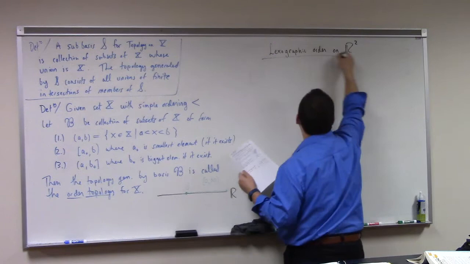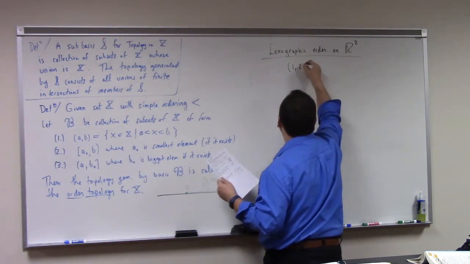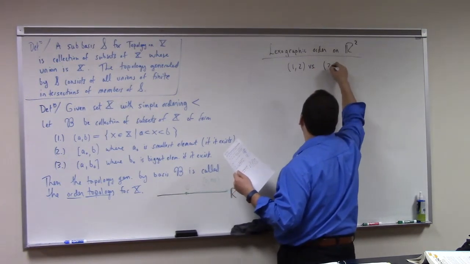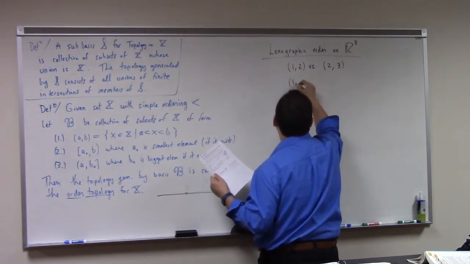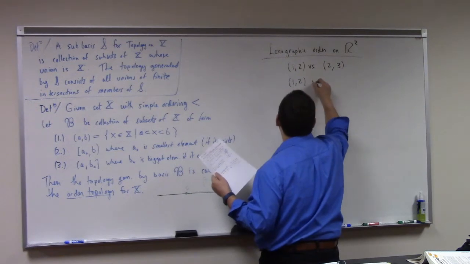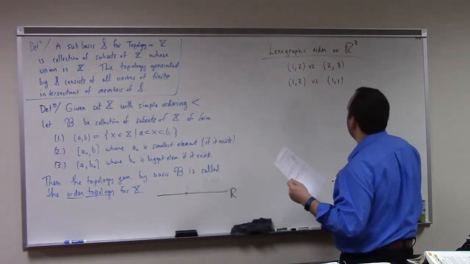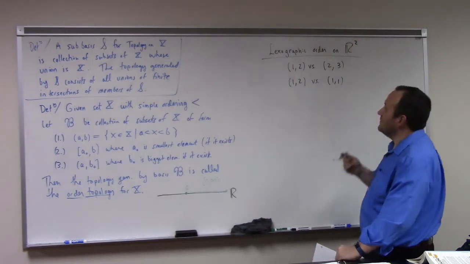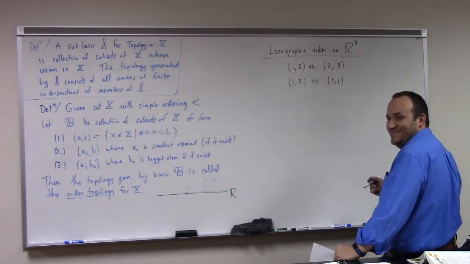How does this work? Let's look at a couple of examples. 1, 2 versus 2, 3, or 1, 2 versus 1, 1. Which one is less than, greater than?